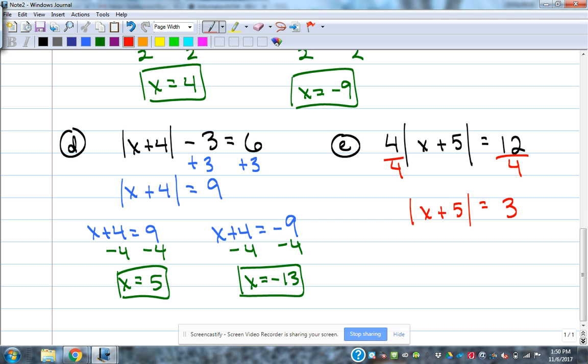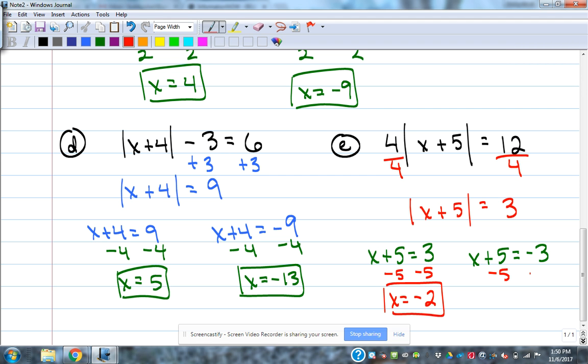And then set up your two equations. X plus 5 equals 3. X plus 5 equals what? Negative 3. And then solve each one of those individually. There's negative 2. And negative 8.